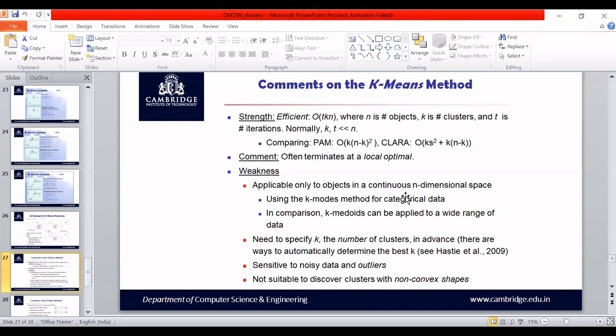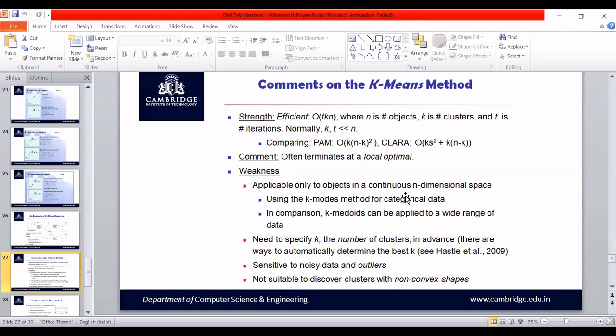And it is very essential to know the number of clusters in advance. Otherwise, every time you have to recompute the data, which is a tedious job. That is one more disadvantage. Then whenever you have noisy data or outliers, an outlier is a data point which doesn't belong to any one of the clusters.